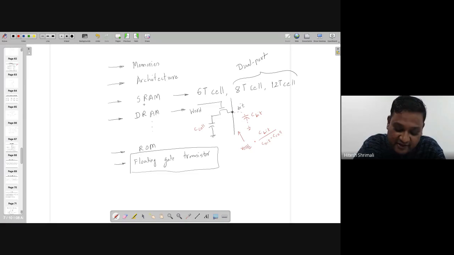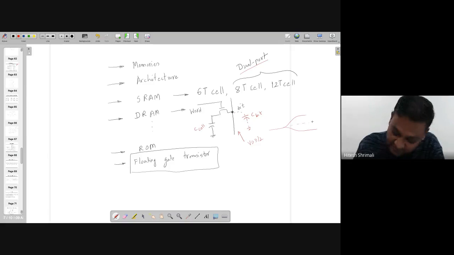In the architecture we have studied SRAM, and in SRAM we have also studied the 6T cell, 8T cell, 12T cell, which are actually the dual port. And we also studied the DRAM, where DRAM was storing the data on a capacitor, and the ratio between these two capacitors with respect to VDD by 2, you can have the stored data as logic 1 or 0.